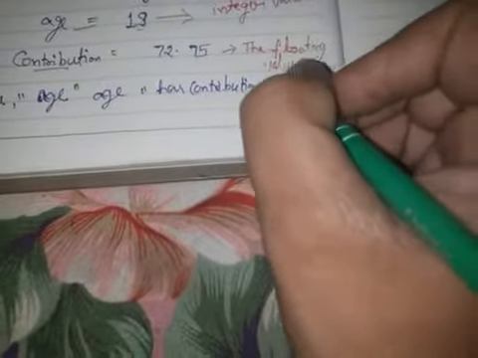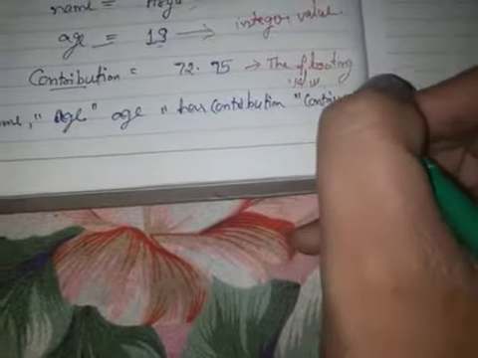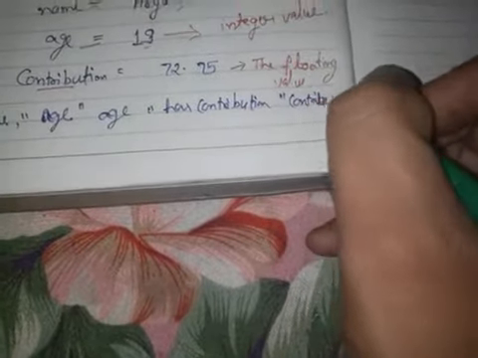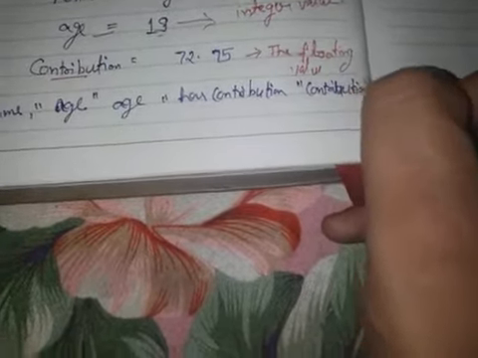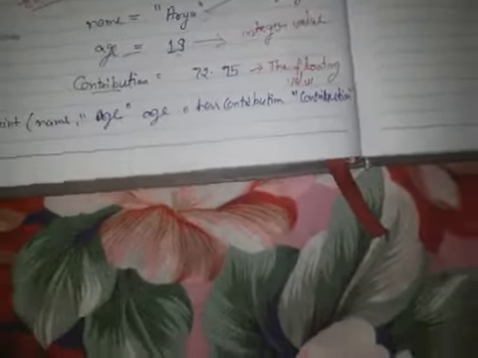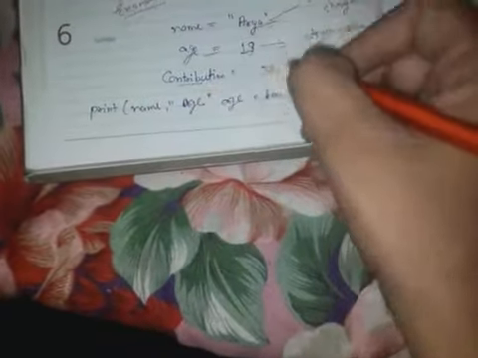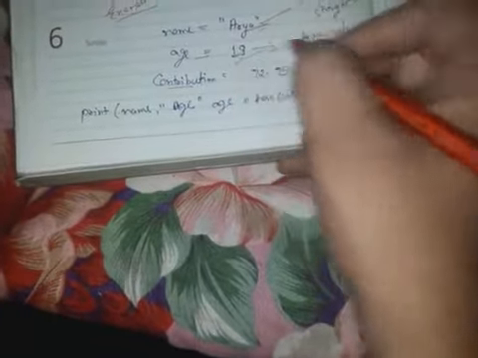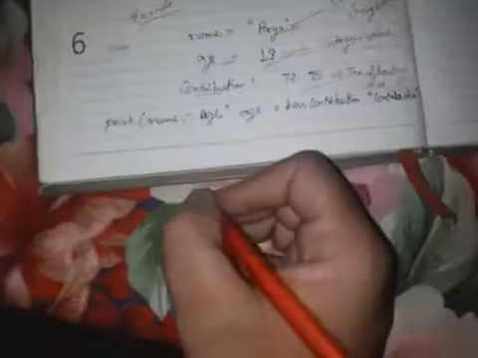Okay, and contribution, we have to print that. When we print this, it prints: name arya, age is 19, and 72.75 contribution.